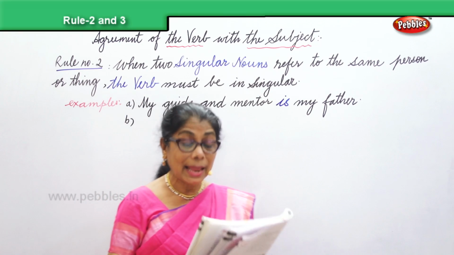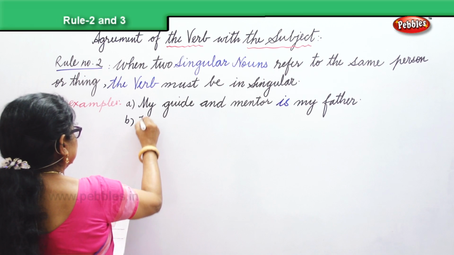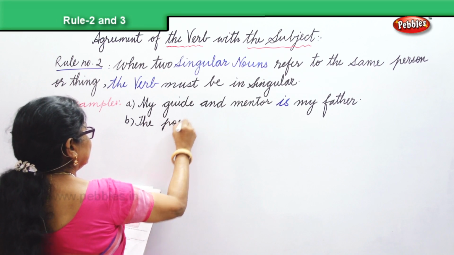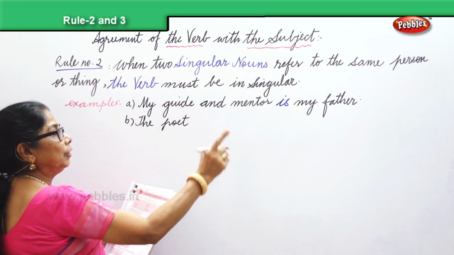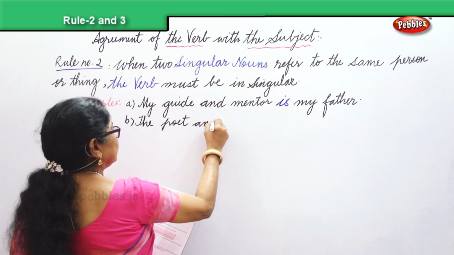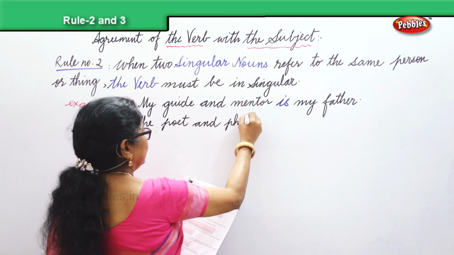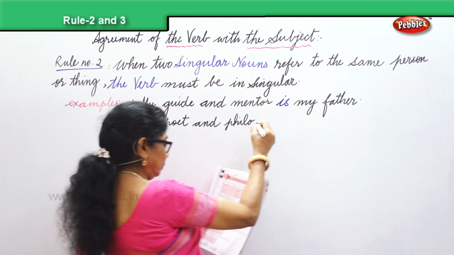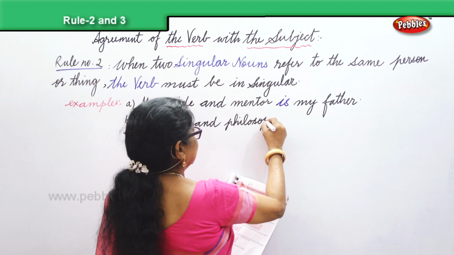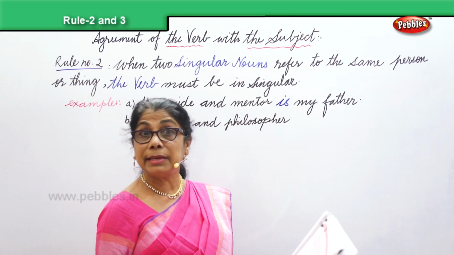Okay. Now, another example for you. The poet and philosopher, referring to the same person. The poet and the philosopher, both are same.